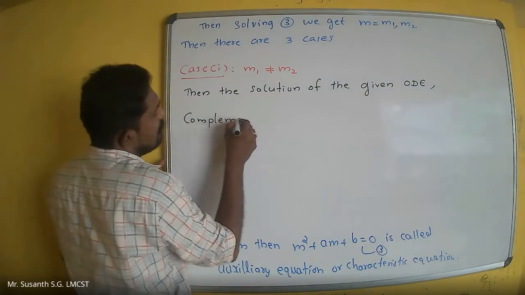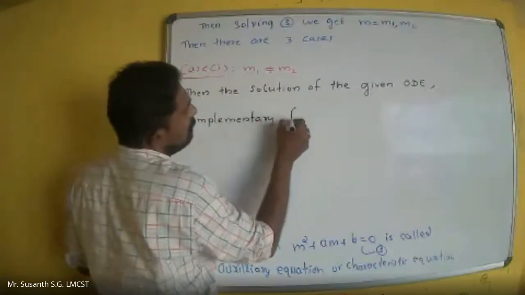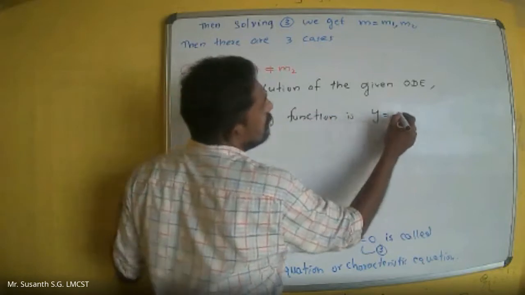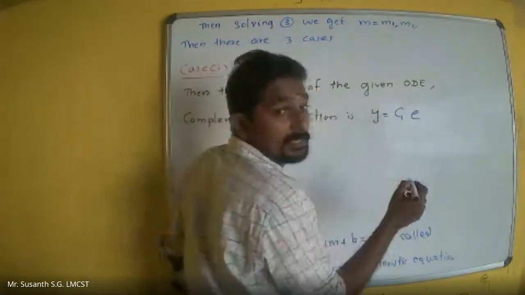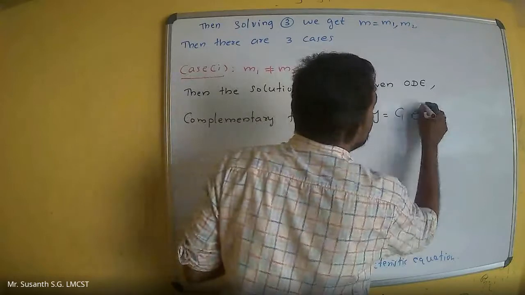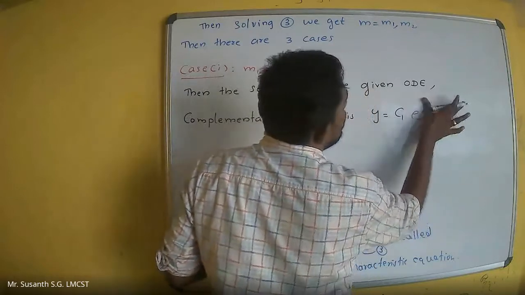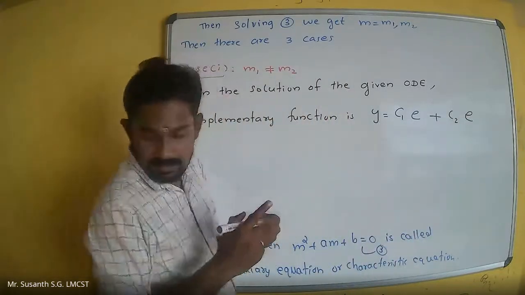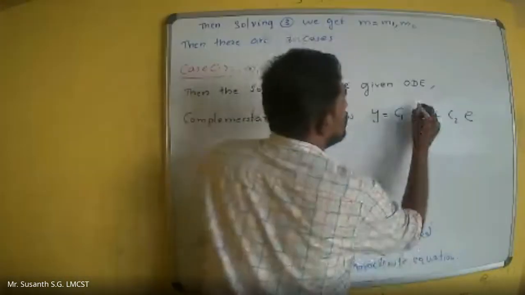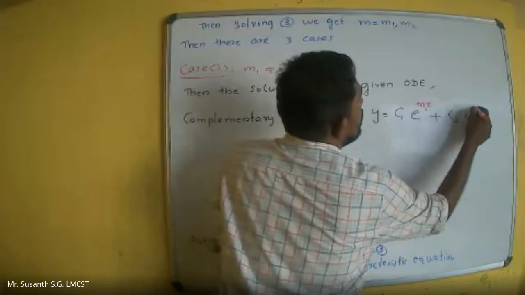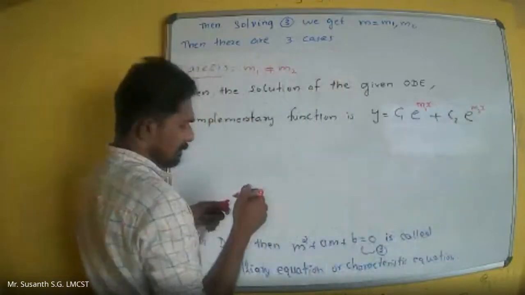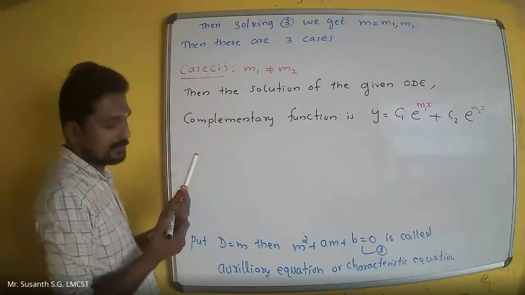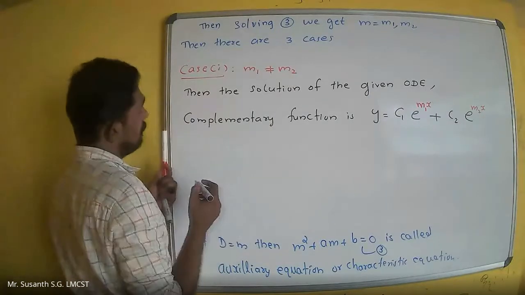The complementary function is y is equal to c1 into e raised to m1x plus c2 into e raised to m2x. This is the general solution of the given homogeneous second order linear differential equation.